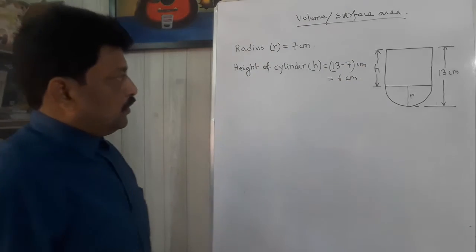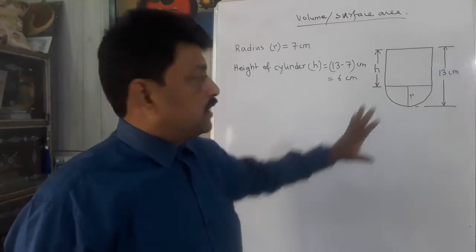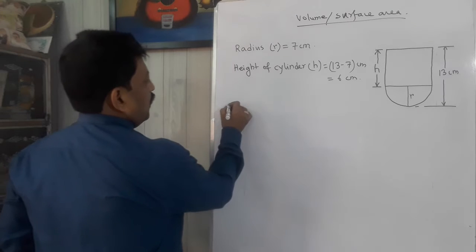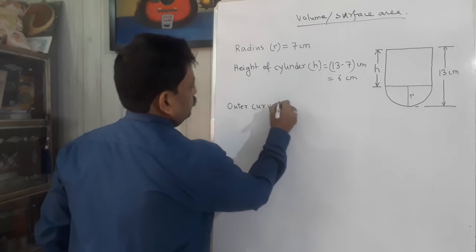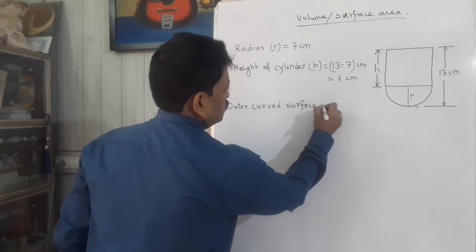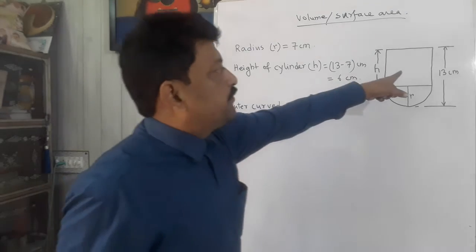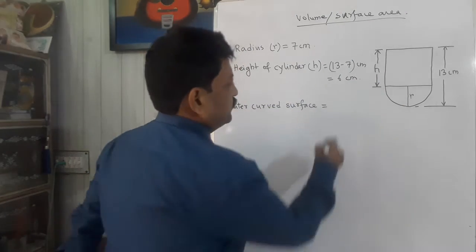Okay, so we have to find the outer curved surface area of the whole thing, that is a toy. Now outer curved surface area equals the curved surface area of cylinder plus the curved surface area of the hemisphere.